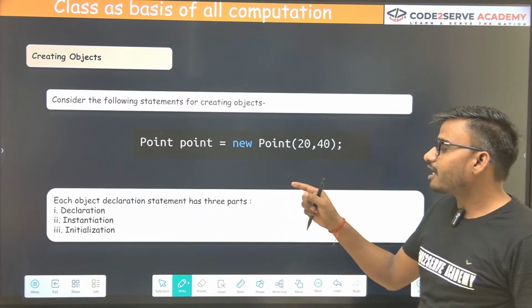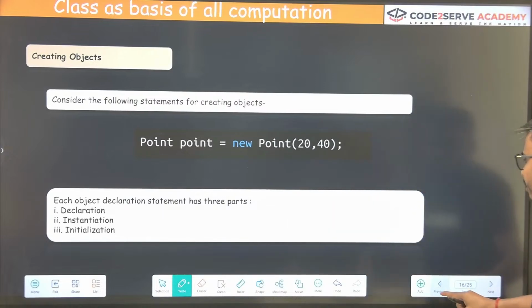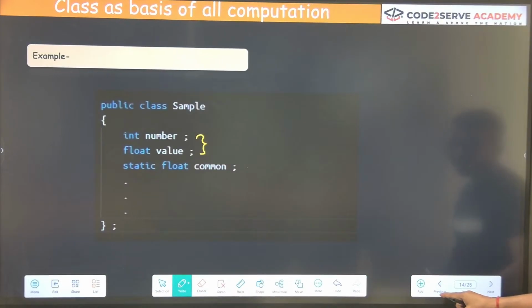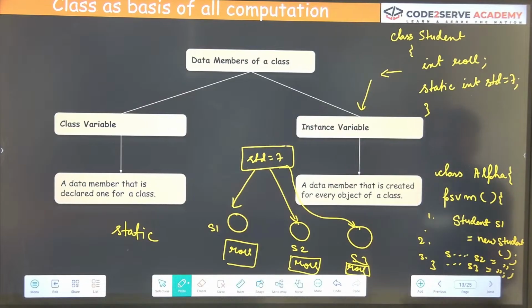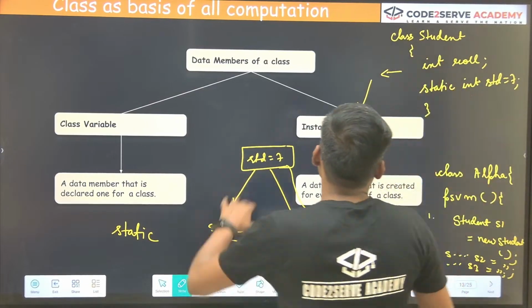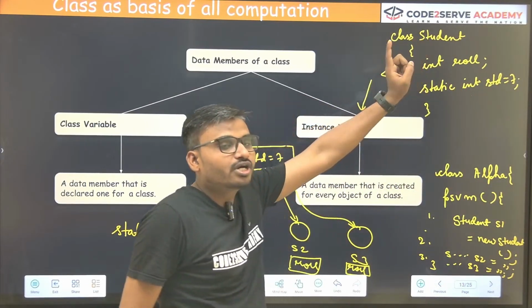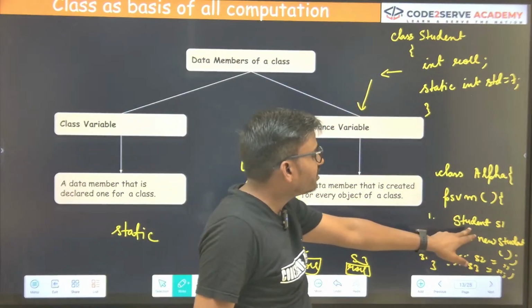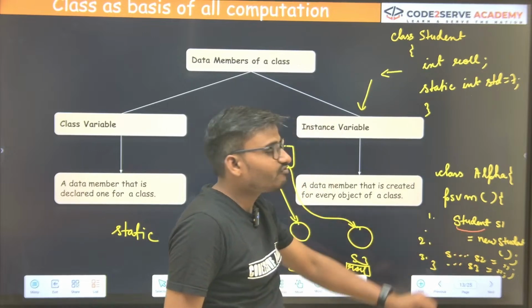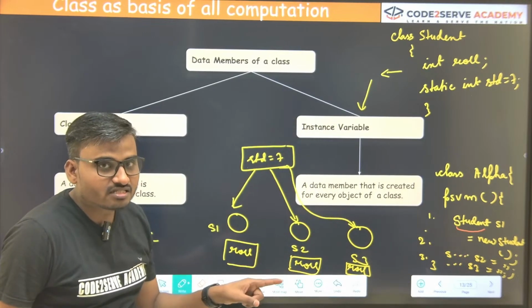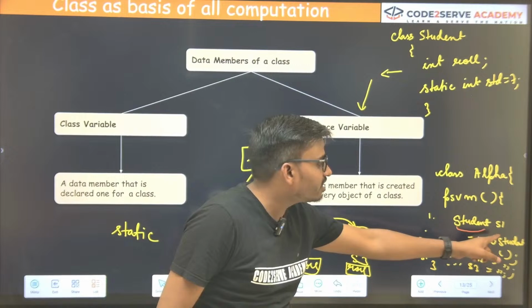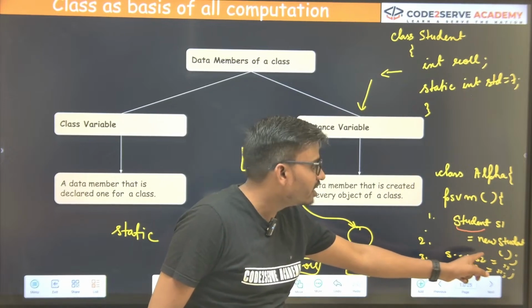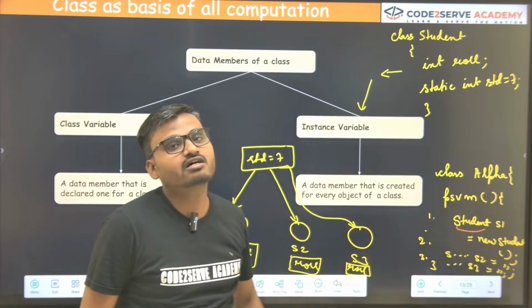This is one class, and to create an object, we first write the class name, then the name of the object, then the new keyword and again the name of the class.